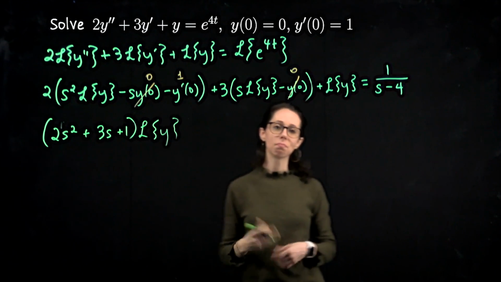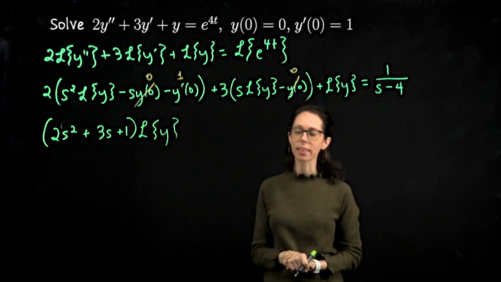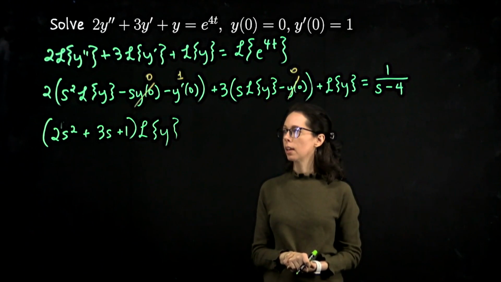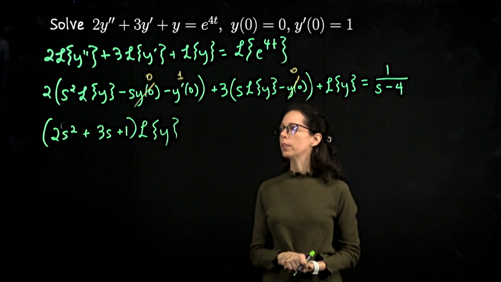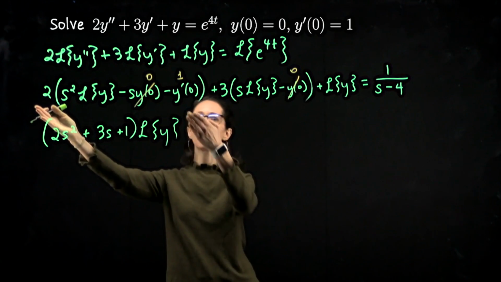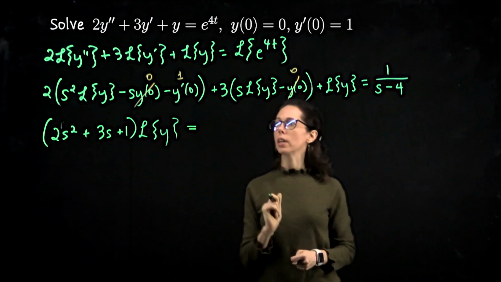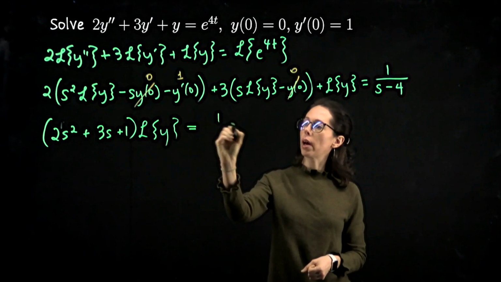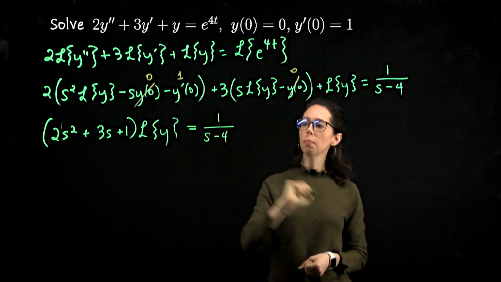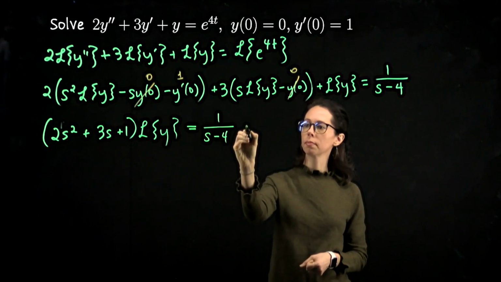Looks like the auxiliary equation for the left-hand side. That's not a coincidence. All right, and then what else was over here on the left-hand side? We had 2 times -1, and that's it. Let me go ahead and bring the 2 times -1 over to the right-hand side. So we will have 1 over s minus 4 plus 2.